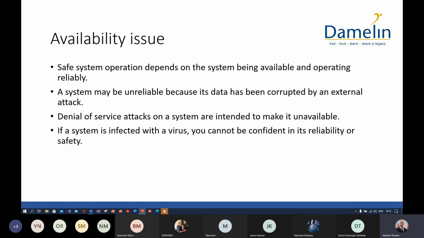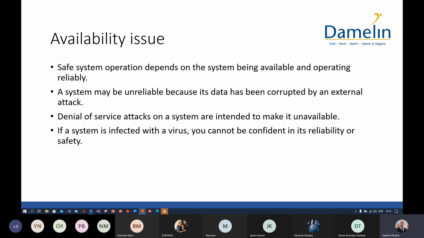We try our best to reduce the number of attacks. Some of the common external attacks that we get against systems is denial of service, okay, where an attacker would flood the server with multiple requests until the server crashes. That's one of the aspects that may affect the system's availability, okay?